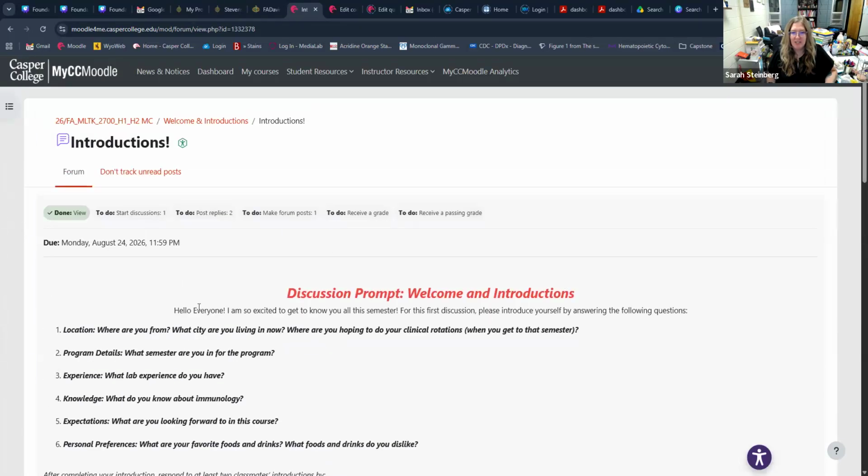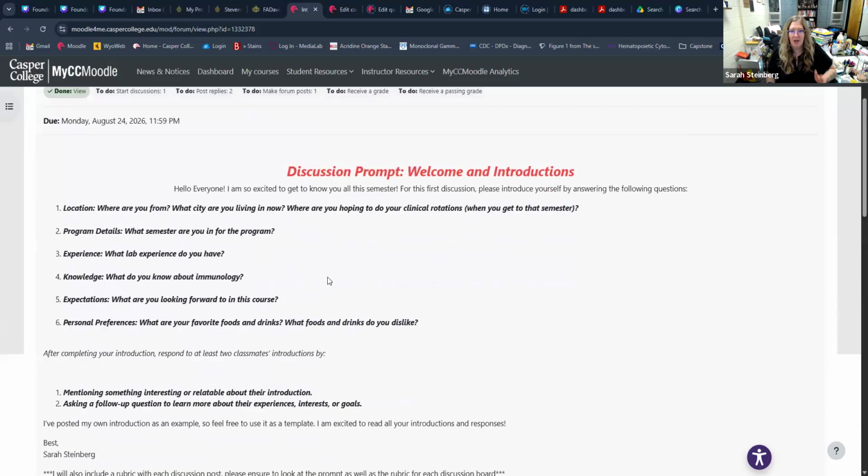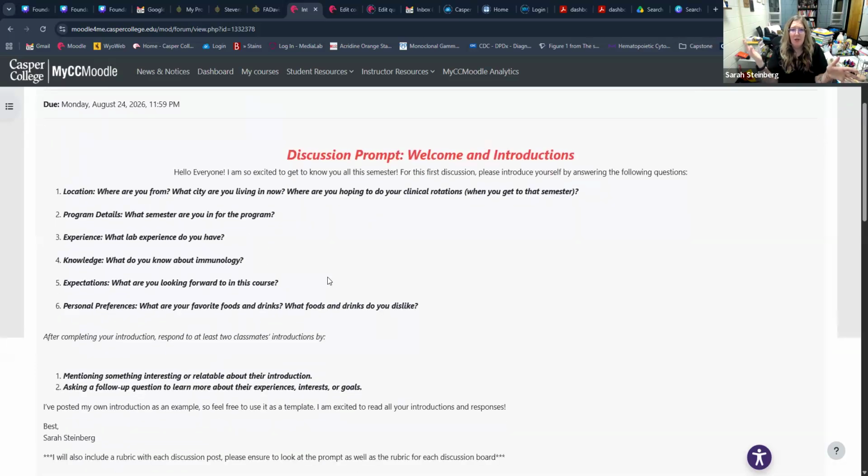The prompt is welcome. I like to know where you guys are from, where you're living now, a little bit of foresight to see where you would like to do your clinical rotations, any details about where you are in the program, if you have any lab experience, and what do you know about immunology?